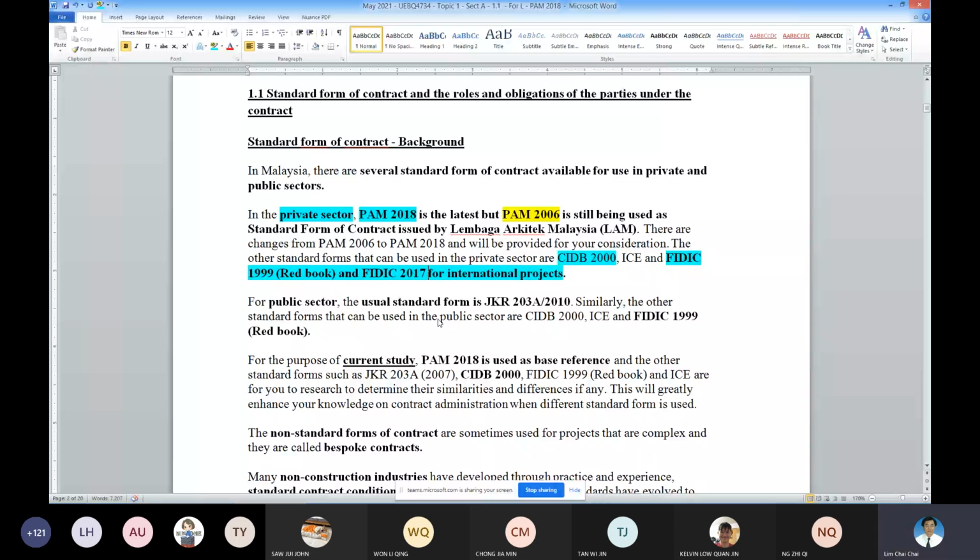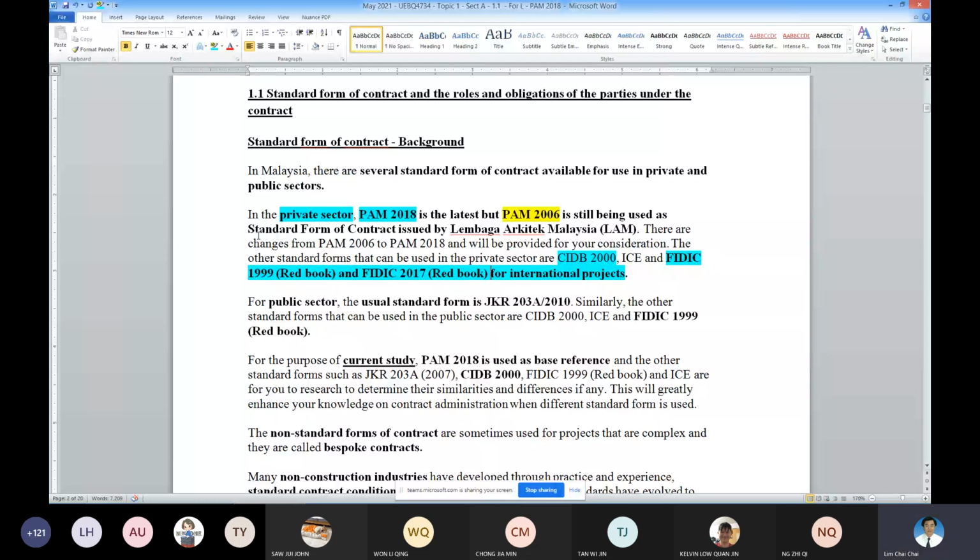Okay, so the current one is 2017. That is the FIDIC. Okay, so you can see the change between the old and the new. So same case for your private sector, you have your PAM 2018 and FIDIC 2017 is international. This one is local.